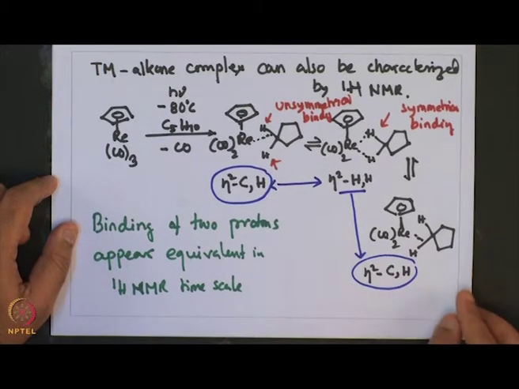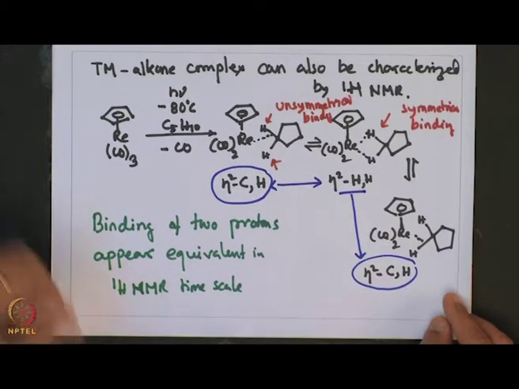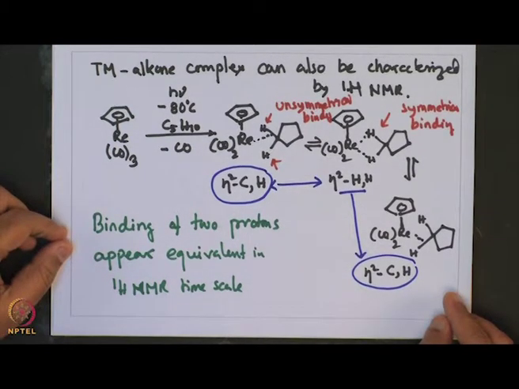What is important over here is that various modes of binding can be picked up using proton NMR, particularly by looking at the chemical shift of the proton resonance.